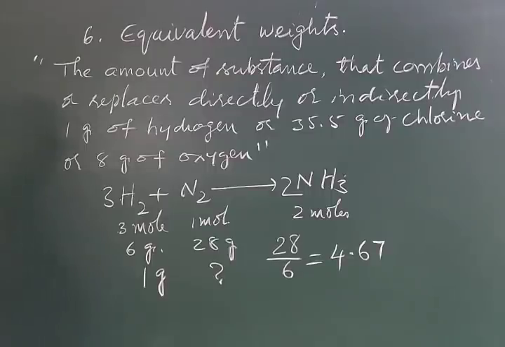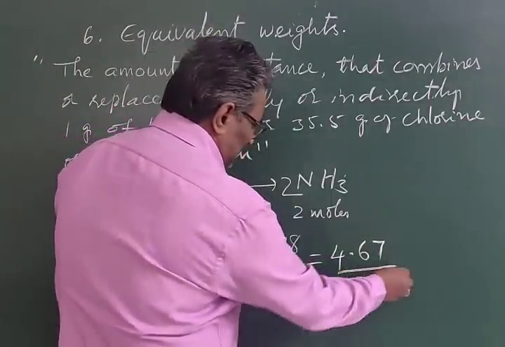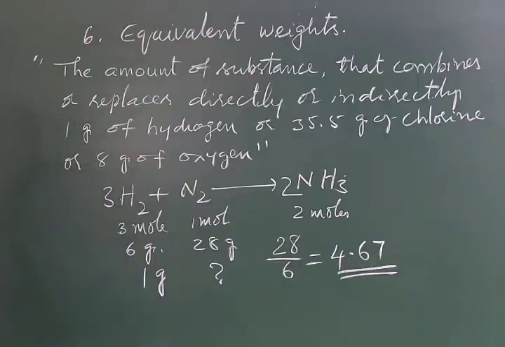That means 4.67 grams of nitrogen can combine with 1 gram of hydrogen.